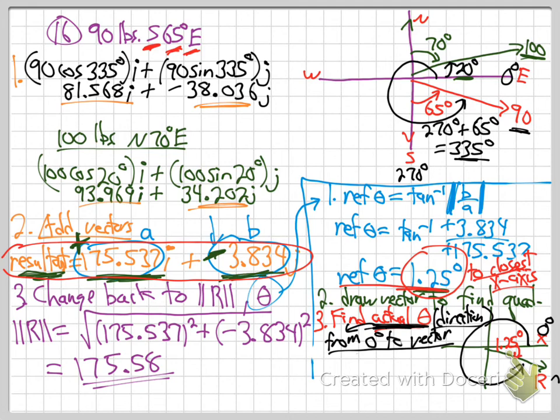Well, it must be 360 minus the 1.25, which equals 358.75 degrees. Is that making sense there? 358.75 degrees is the actual angle on that one.